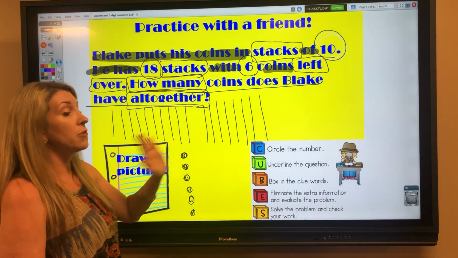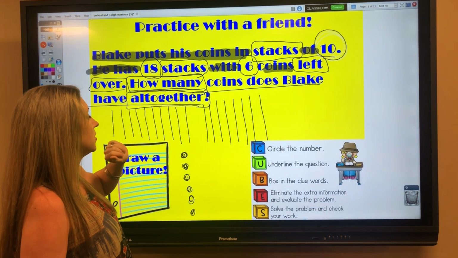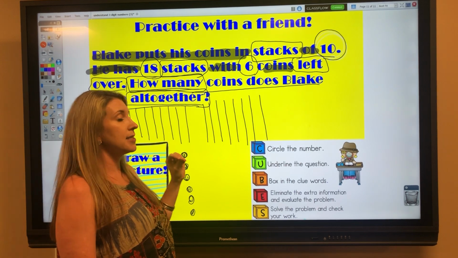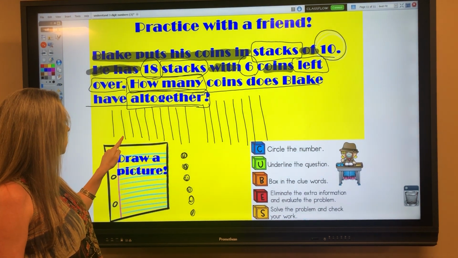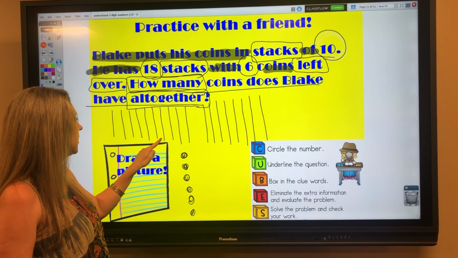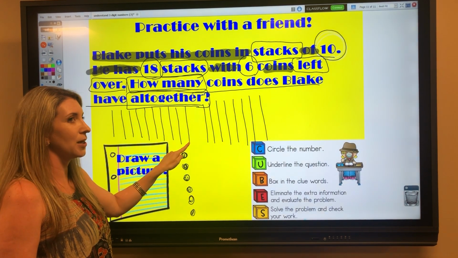So as we go back over and count it, we want to make sure we have 18 stacks with 6 that are left. So let's skip count through our 18 and see how much that is. 10, 20, 30, 40, 50, 60, 70, 80, 90, 100. And what did I do last time?